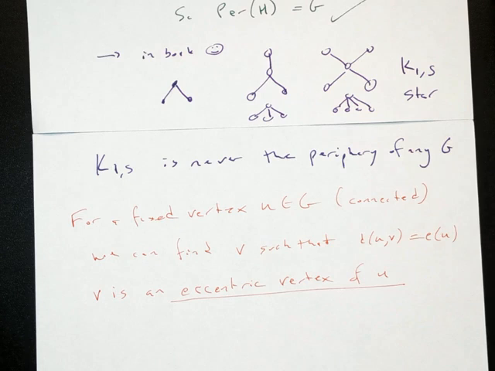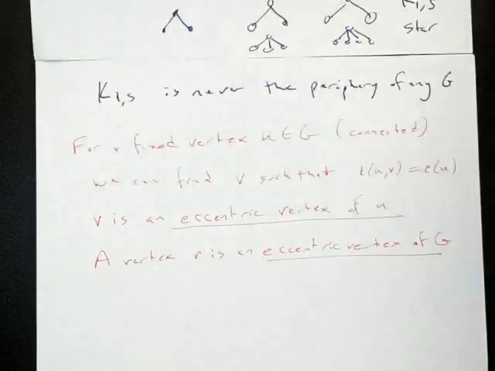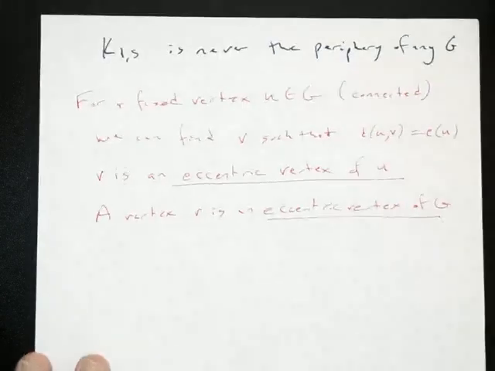If we do this for every vertex in the graph, we may find that some vertices are furthest away and some are never furthest away. An eccentric vertex of the whole graph means it's eccentric for some vertex U.